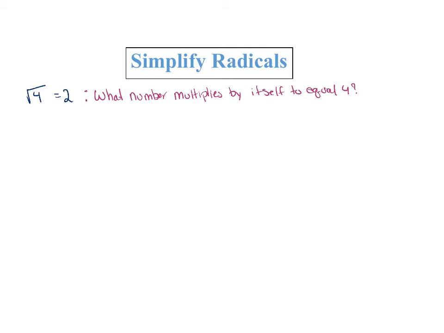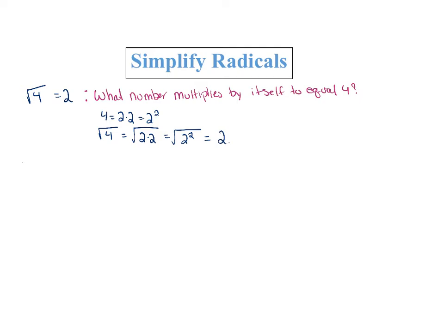And we know that 4 equals 2 times 2, which is equal to 2 squared. So that means the square root of 4 is equal to the square root of 2 times 2, which is equal to the square root of 2 squared, which is equal to 2.